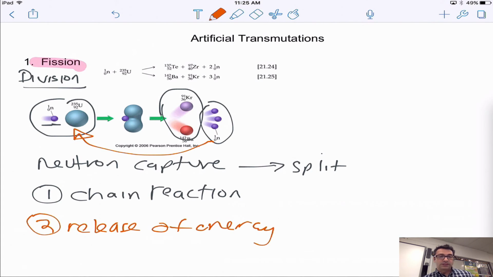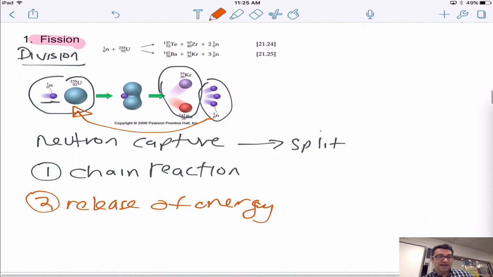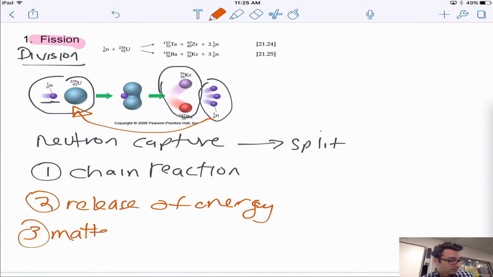Now, how much energy is released? Well, it's not governed by normal energy terms, because in this reaction, what's actually happening is matter is converted into energy.